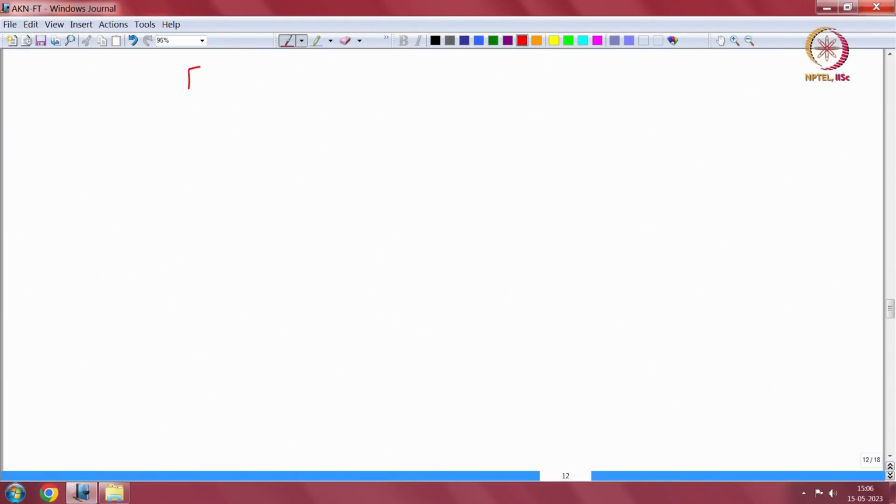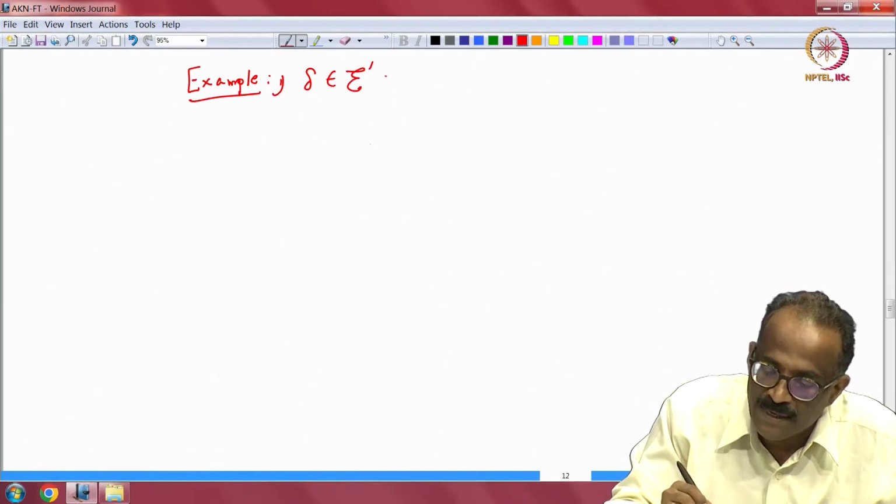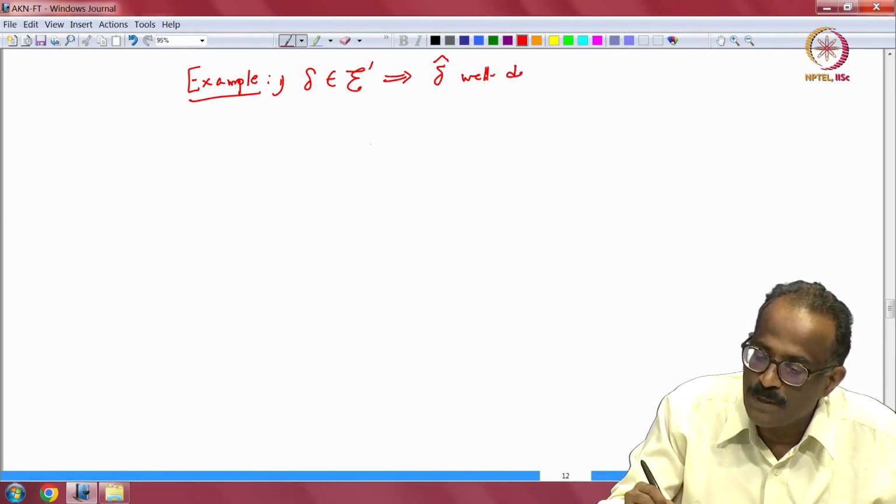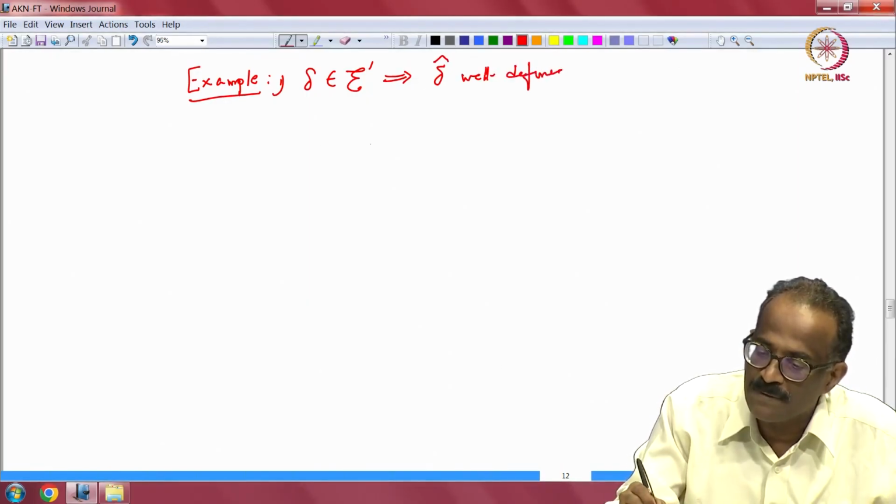So, just some trivial examples, and I will mention a couple of difficult examples. I do not prove them here, probably I need more time. So, delta is in E prime, with compact support, and therefore delta hat is well defined now. You see, important operators you can well define.